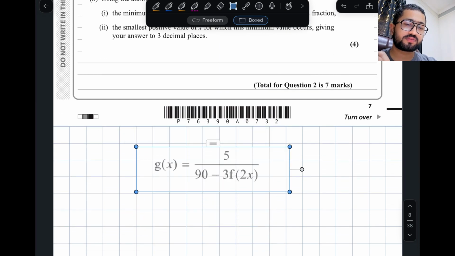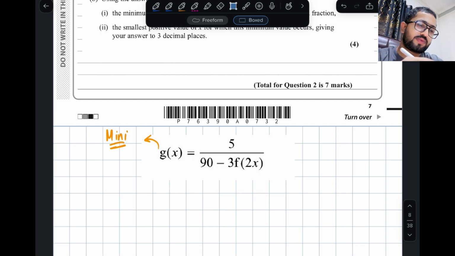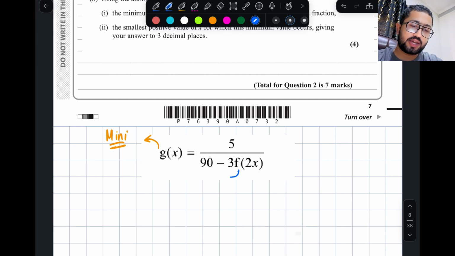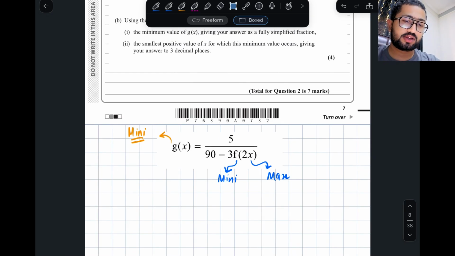Everyone knows, if you want to find the minimum value of the g of x function, then you need to find the minimum or maximum value of the f of 2x function. The idea will remain the same. So let's figure out the minimum or maximum value of 3 times f of 2x.